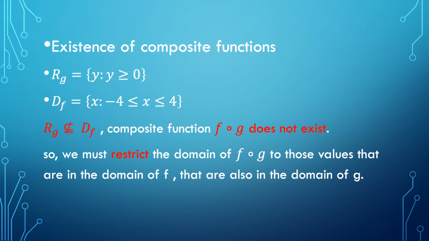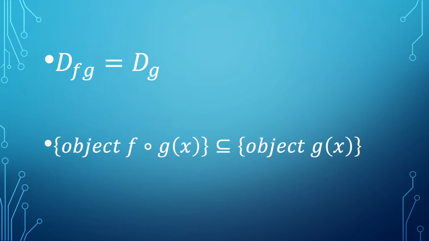This means that the domain of the composite function f of g must equal the domain of the function g, or in other words, the object of the composite function f of g must be a subset of the object of the function g.